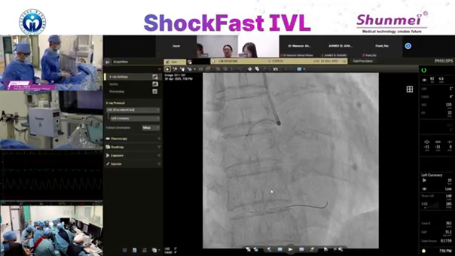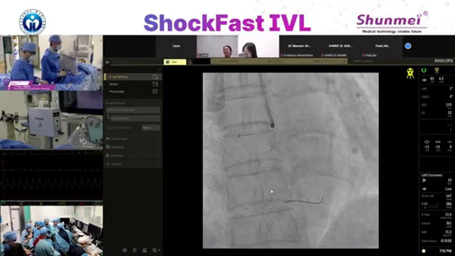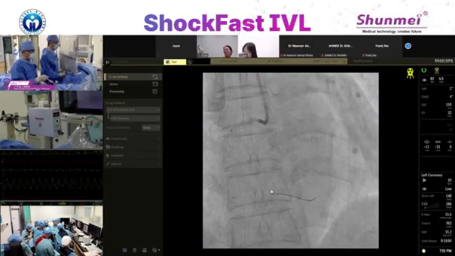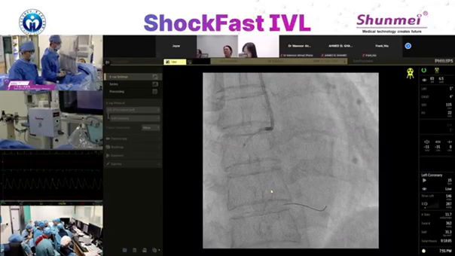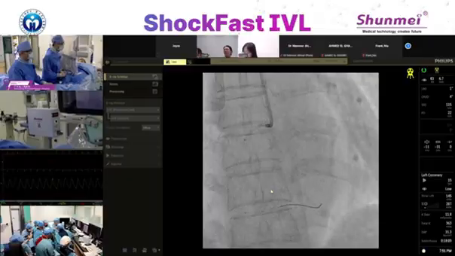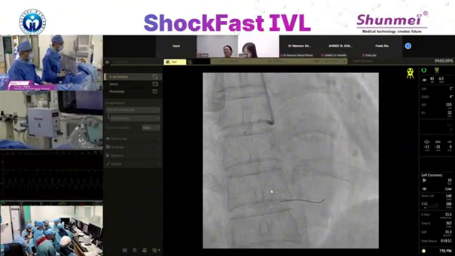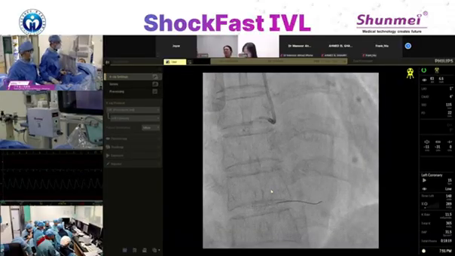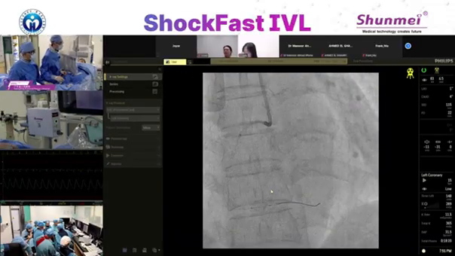The extension cannot deep seat anymore. Let me deep seat the guiding catheter, and if I can overcome, I have to use the semi-compliant balloon. Seems it gets crossed. Pressure is good.